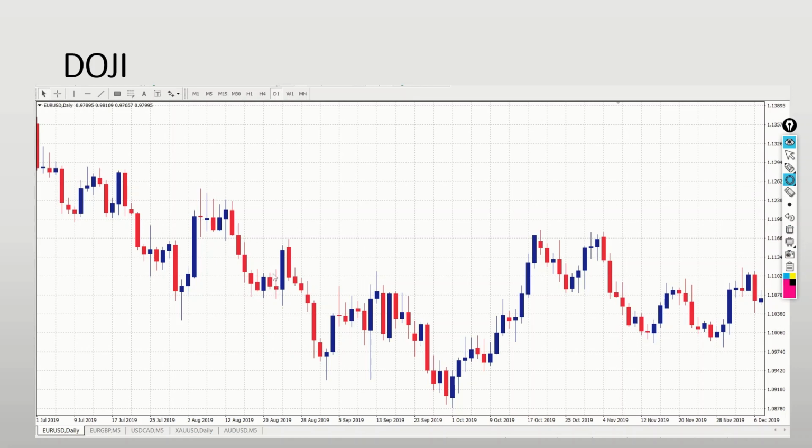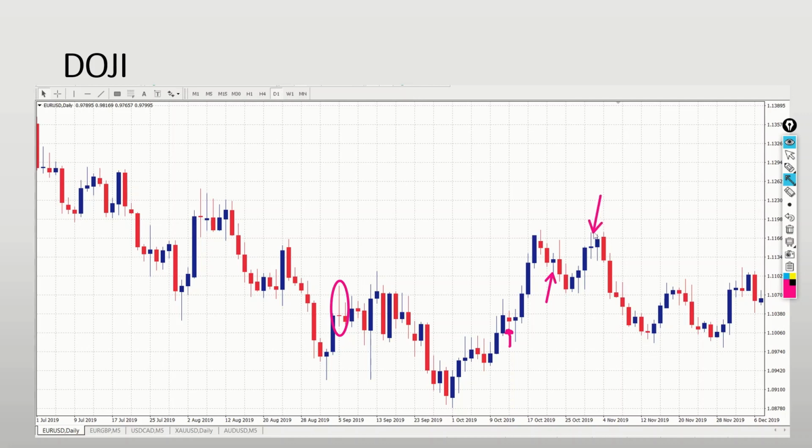So we have other dojis. We have this one here, which is also a long-legged doji. We are still spotting other dojis. We have a doji here, a long-legged doji there, and then a standard doji. We have this standard doji here, another standard doji here, and this one here is a standard doji.